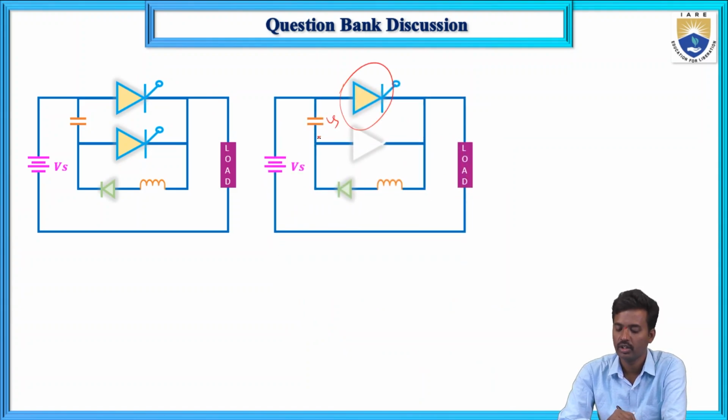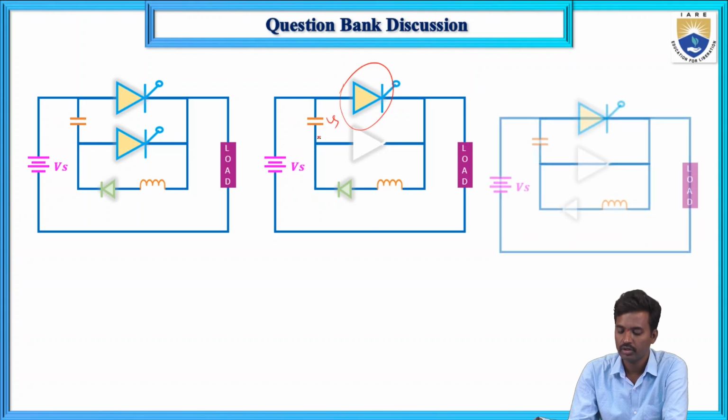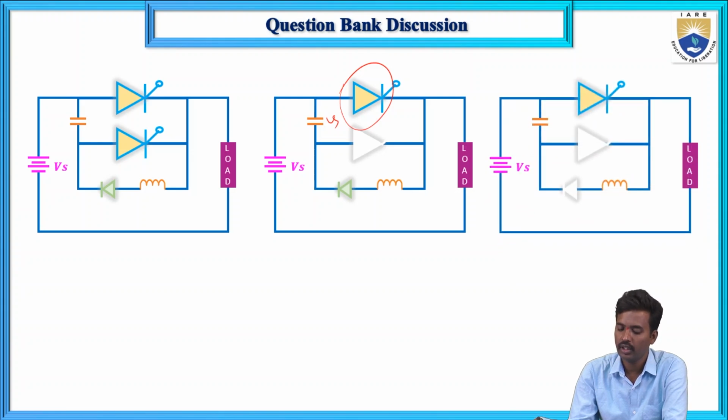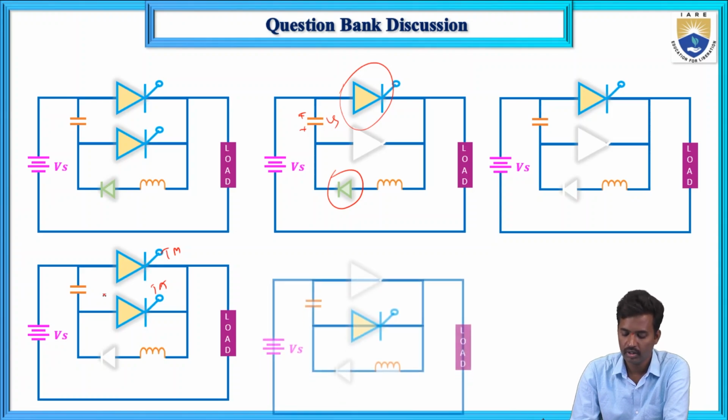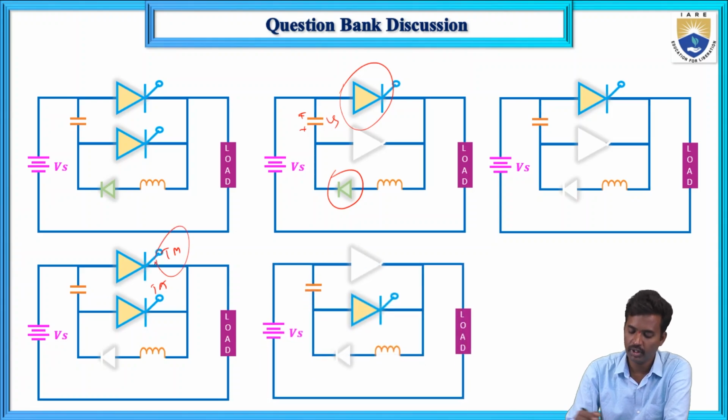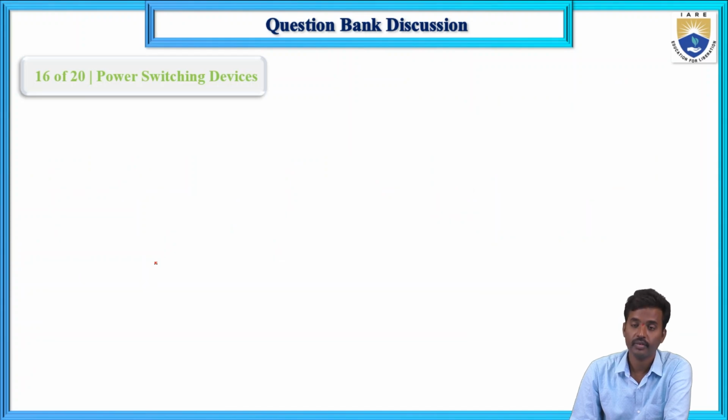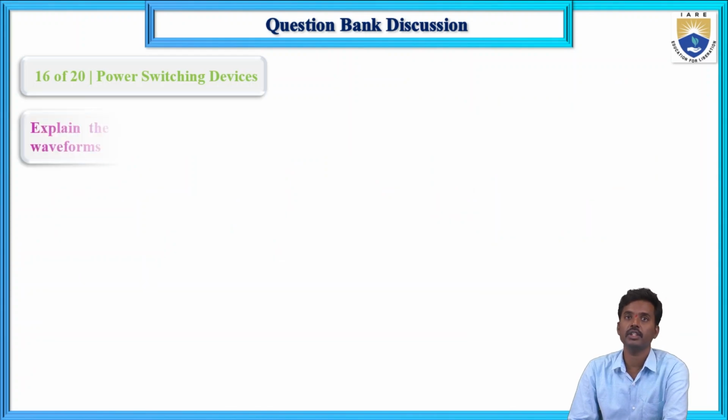So what will happen here? So now this is the case: this is plus and this is minus, and this one is plus. This diode will be turned off. Now again turn on this T2, TM, and this is TA. So what will happen? This TM will be turned off. Again TM will be turned off.